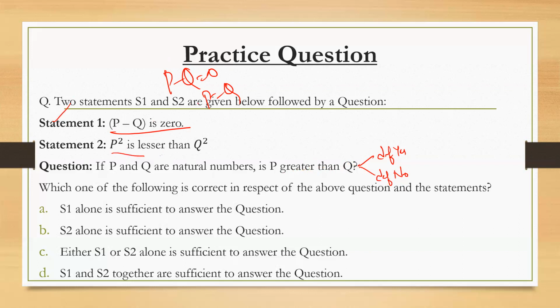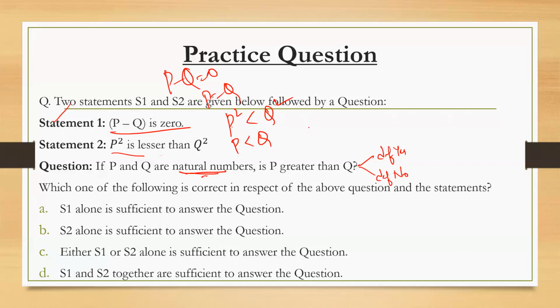Same with statement two. P squared is less than Q squared. Now, because we are talking about natural numbers here, we can directly create the relationship P is less than Q. Why? Because when we talk about natural numbers, both have to be positive.